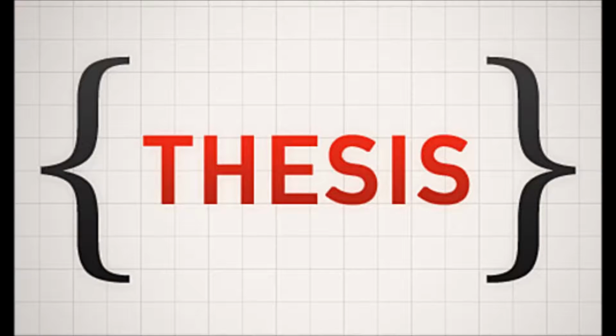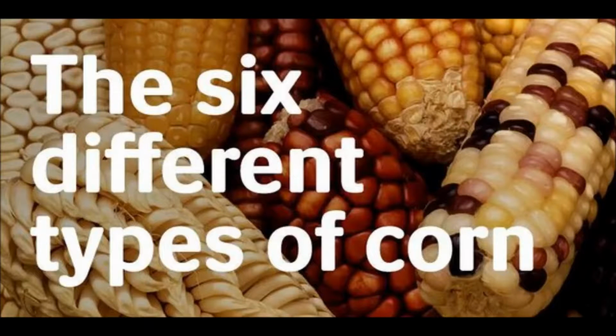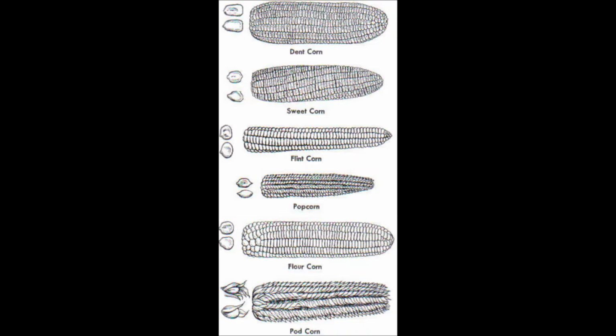In order to execute an effective piece of expository writing, you need a few elements. First, a strong thesis sentence that presents your subject, corn, your point of view, the 6 major categories, and the topics you'll discuss about that point of view: pod corn, dent corn, flour corn, popcorn, sweet corn, and flint corn.